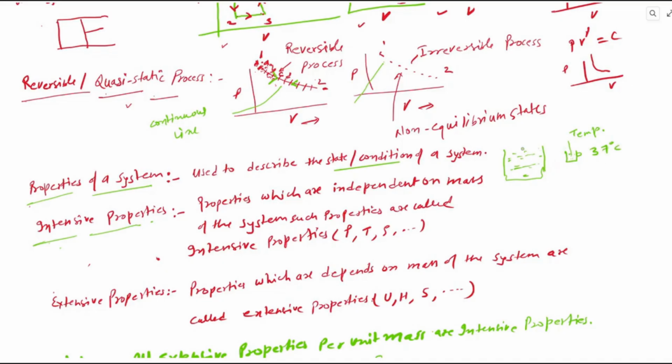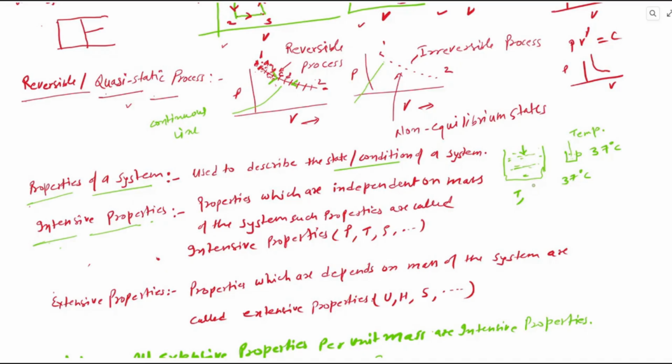When we measure the temperature of this whole container of water, this will also give 37 degrees centigrade. Here is less mass but here it is higher mass, right. So it means temperature is an intensive property, independent of mass, right.